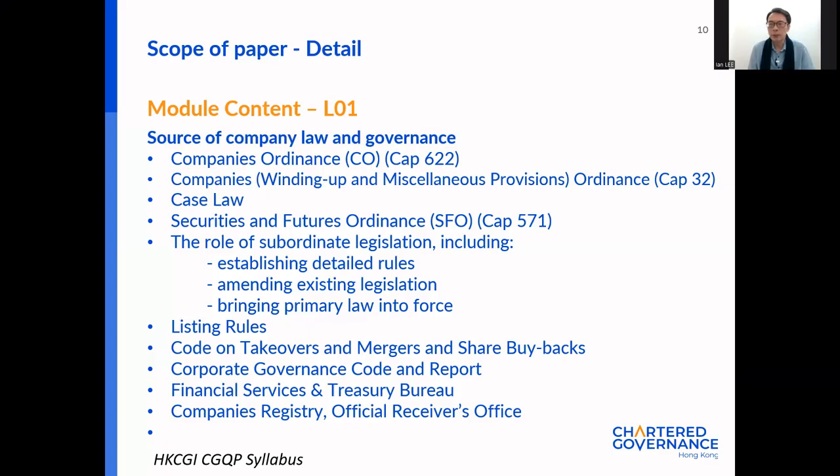So for example, the most famous court case for company law must be Salomon and Salomon. And the principle from this famous court case is the separate legal entity principle, okay? If you properly form your company, have it registered under the ordinance, then the company will become a separate legal person, which is separate to the shareholder, separate to the owner, separate to the directors and the people involved.